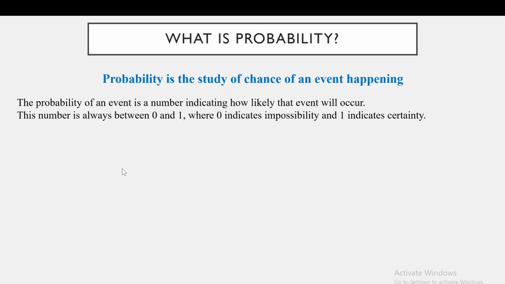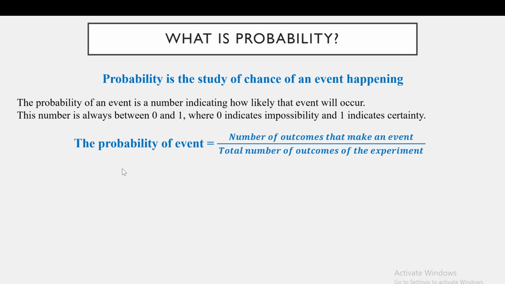This number is always between 0 and 1, where 0 indicates impossibility and 1 indicates certainty. The probability of an event equals the number of outcomes that make the event, divided by the total number of outcomes of the experiment.